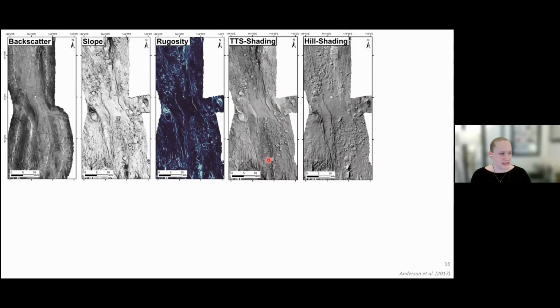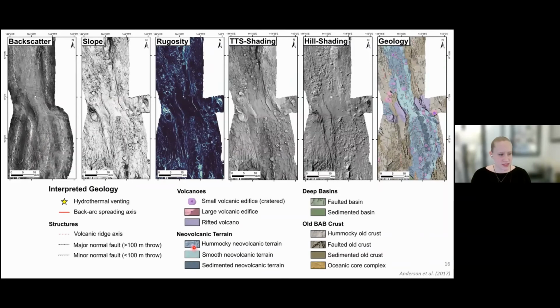We can look at different parameters like the slope and the rugosity of the seafloor, and we can use acoustic backscatter to interpret where we have hard substrates like young lava flows, because our acoustic signal return will be strong, whereas if it is weak, then it's attenuated by sediments. So we can look at the different fabrics of the seafloor and use that to develop a geologic legend that then turns into our geologic map.